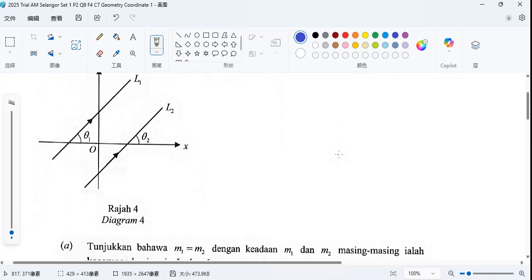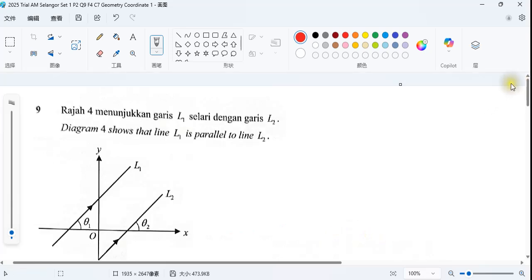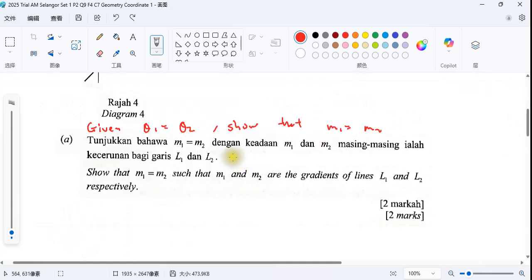So it should be changed to: given theta 1 equals theta 2, show that M1 equals M2. It shouldn't say that L1 is parallel to L2.